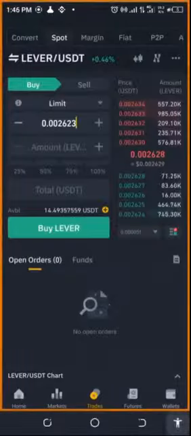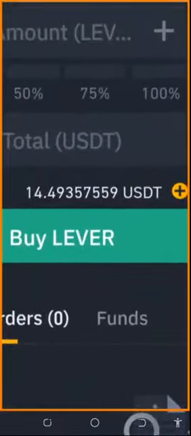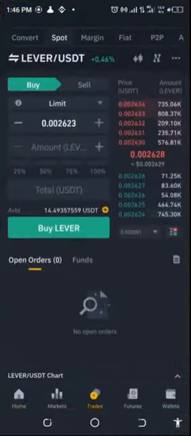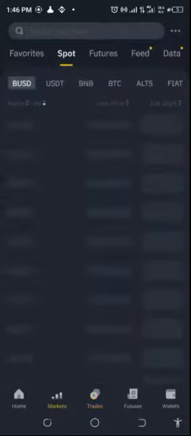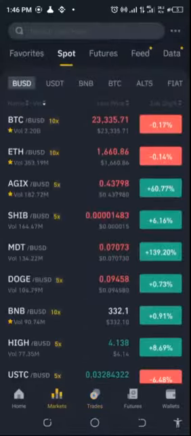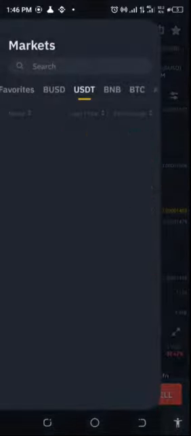So how much do we have here? We have 14.4935, and then what we're going to do is reduce this amount. Let's go back and check the high and low. Let's choose any coin and change it to lever USDT.